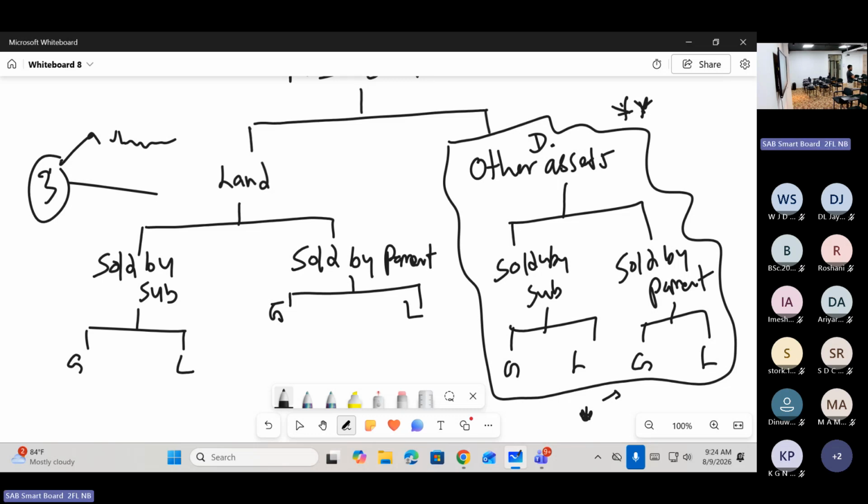Once you are dealing with the two scenarios, first, dividend paid.